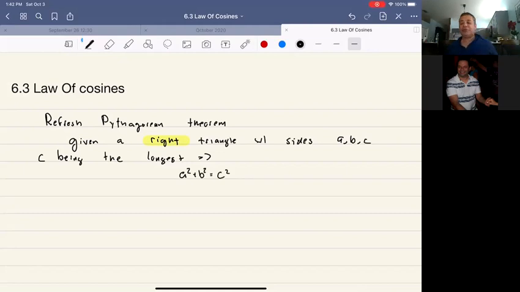But it's actually a sufficient condition as well. What I mean by that is if you have a triangle with sides A, B, and C, C being the longest, and they satisfy this, then you have a right triangle.